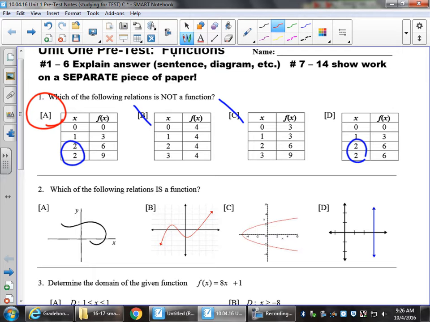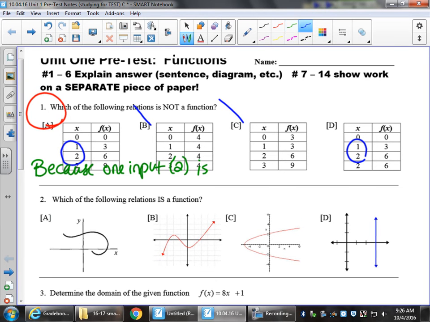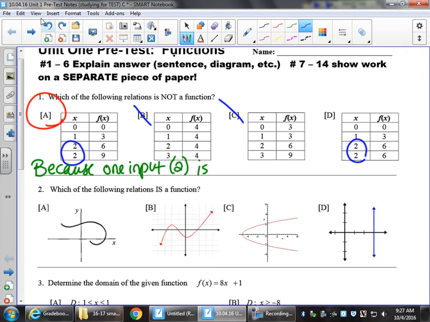So here, the twos do repeat, but where's 2 being sent? 6, and then where's 2 being sent? Same value. 2 is being sent to 6. So A is the correct answer, and let's write a reason. Because one input, 2, is being sent to 2 different outputs.